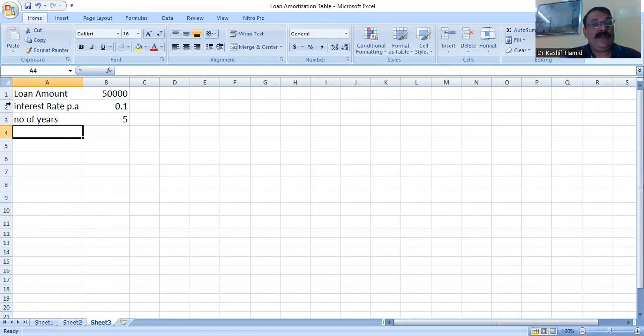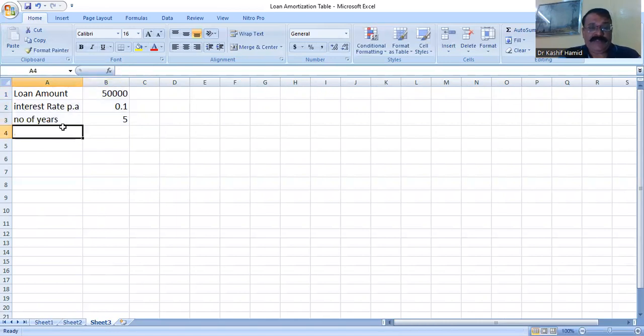Then how can we compute the equal annual installment if the installments are to be paid at the end of each year?